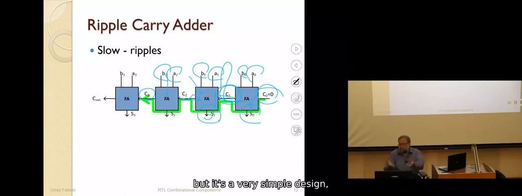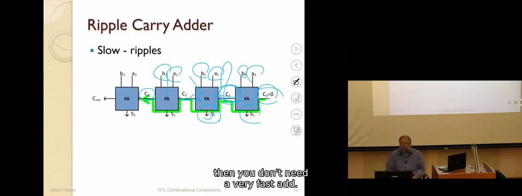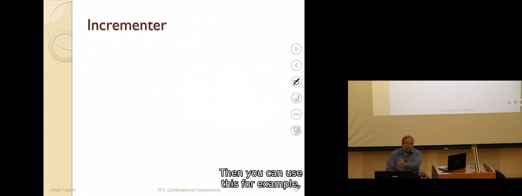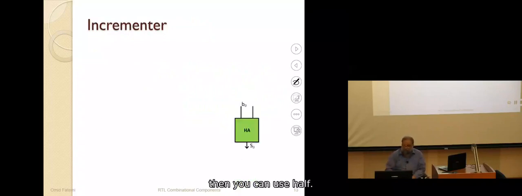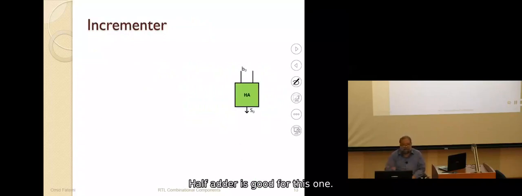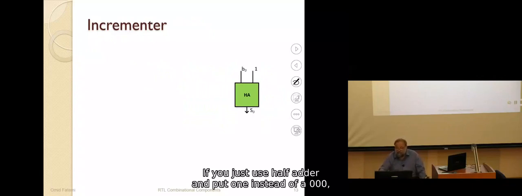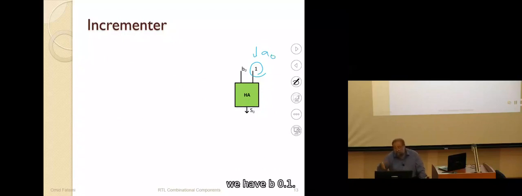But it's good. It's a very simple design. When you don't need a very fast adder, then you can use this. For example, if you want to have an incrementer, just adding 1, then you can use half adder. Half adder is good for this one. So if you just use a half adder and put 1 instead of A0, so A0, B0, we have B0 and 1.